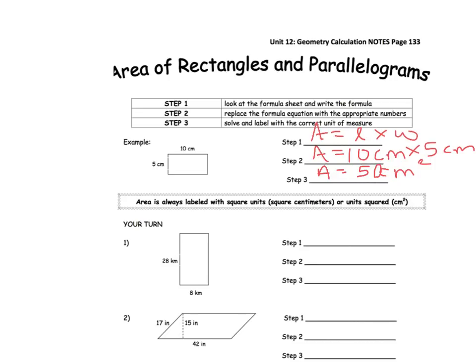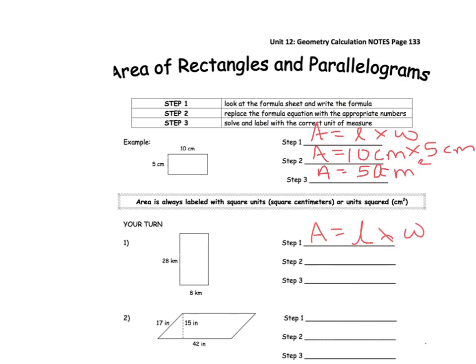Don't forget to square your units. Area is always squared. Let's try one more together. Find the area of this 28 kilometer by 8 kilometer rectangle. Step 1, area equals length times width.